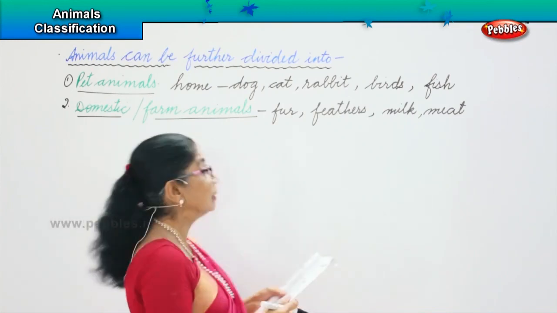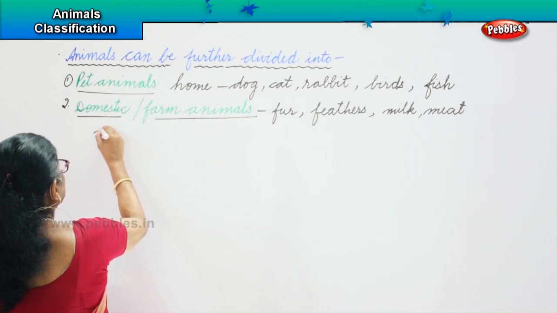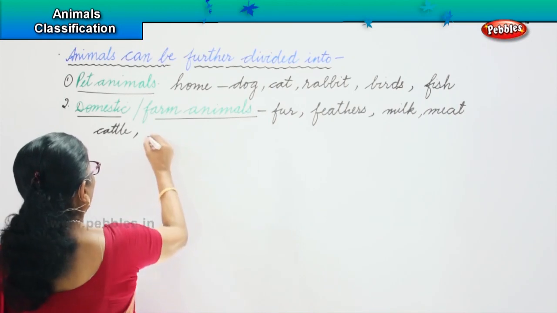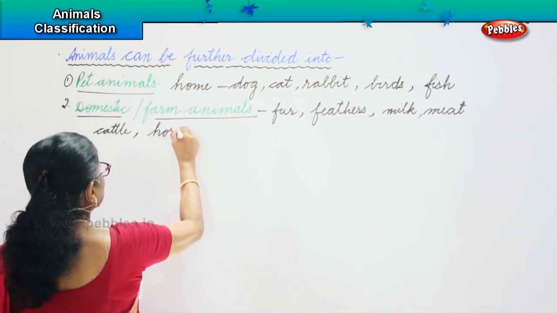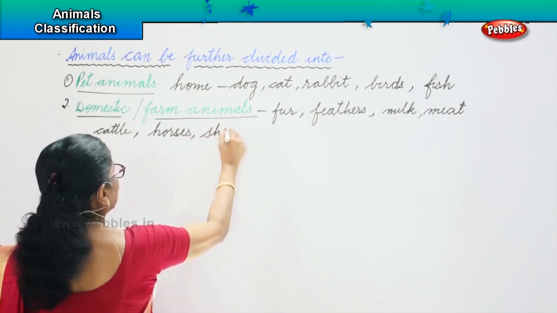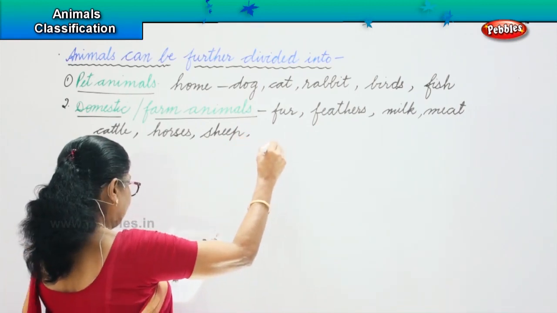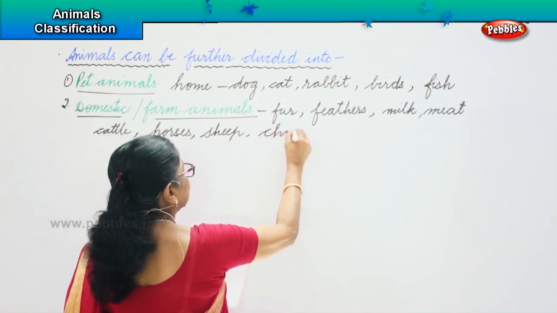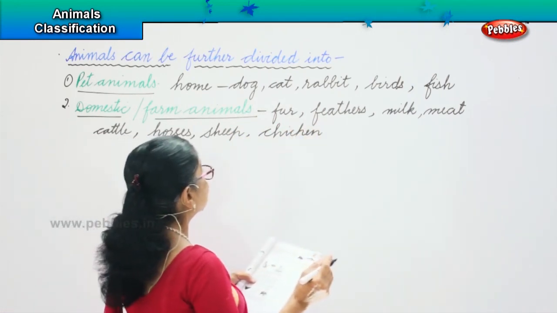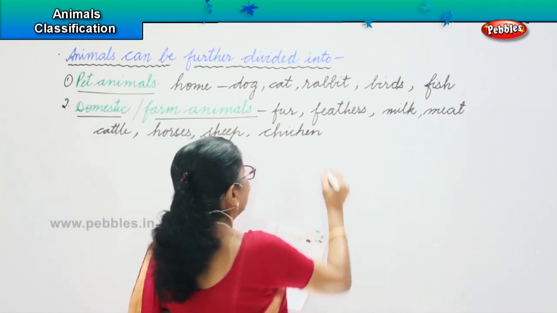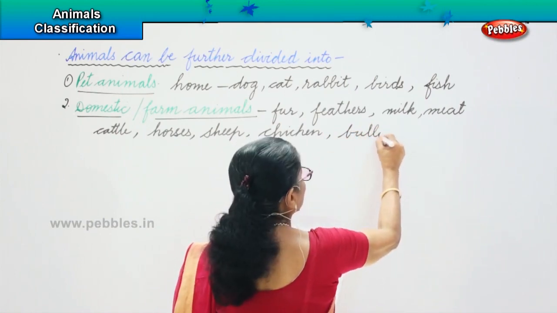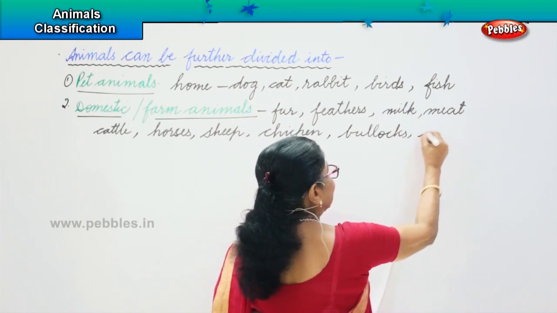They include animals like cattle, horses, sheep, chicks, elephants, or bullocks, elephants.